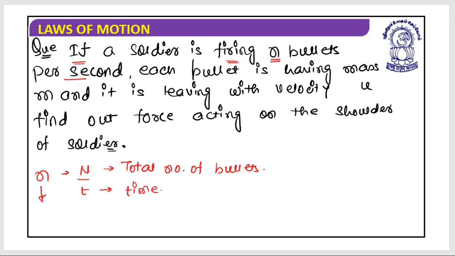So this is the number of bullets per second. What do you want to find out? You want to find out the force acting on the shoulder of the soldier, because he is holding his gun on the shoulder. So how can you do this?